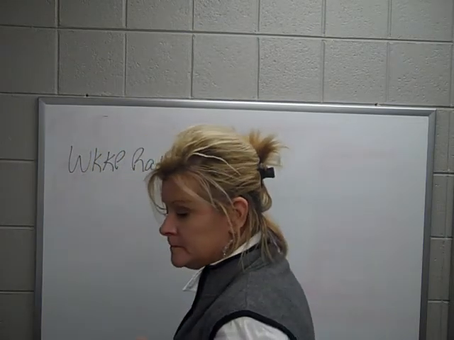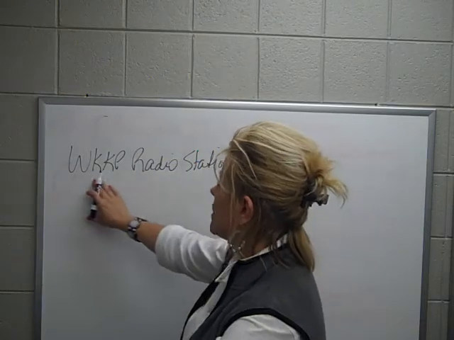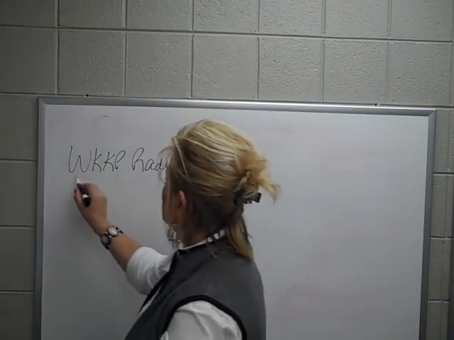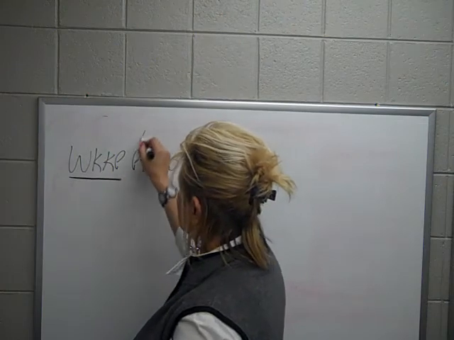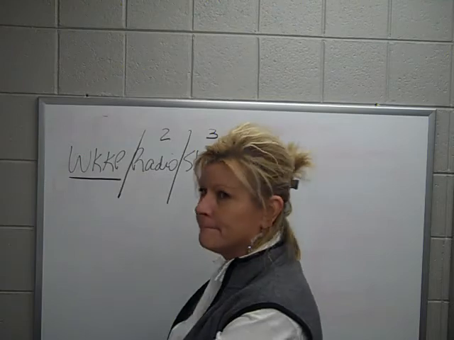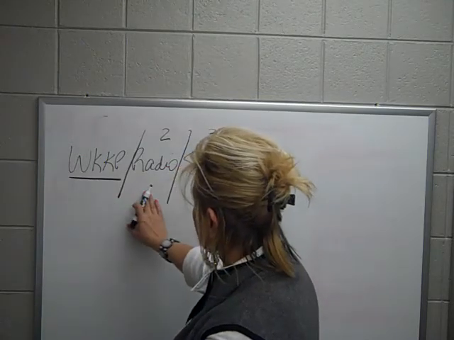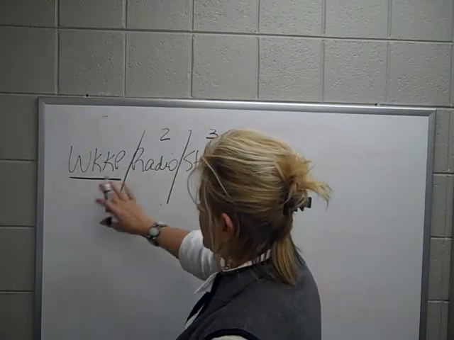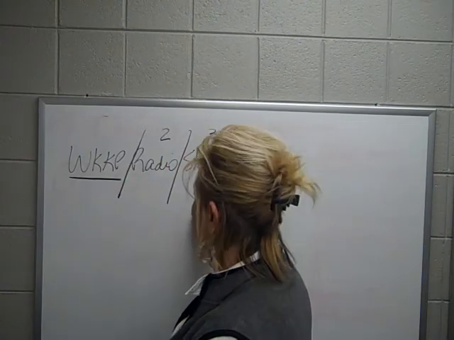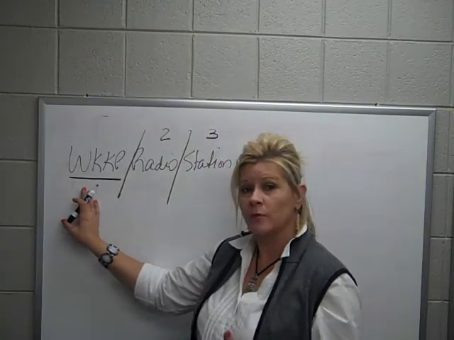Okay, so this is a business name, so we code it as written. So we're going to underline and put our diagonals, 2, 3. Okay, so this is a business name. There is nothing else here we need to do, because for once we don't know what WKKP stands for.